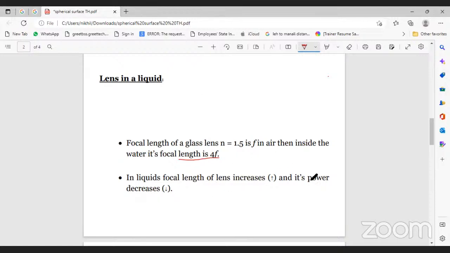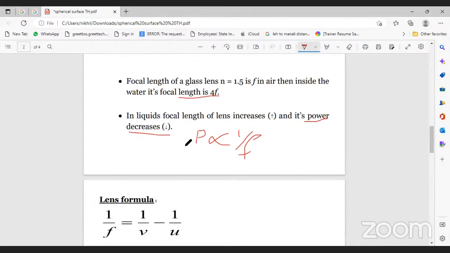Since the focal length increases, what happens to the power? It decreases, because power is inversely proportional to focal length. Very good. This is what we studied in the last class.